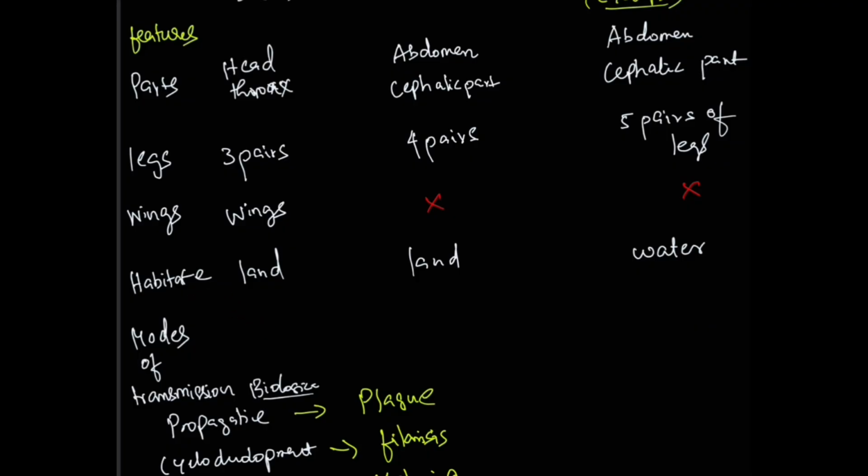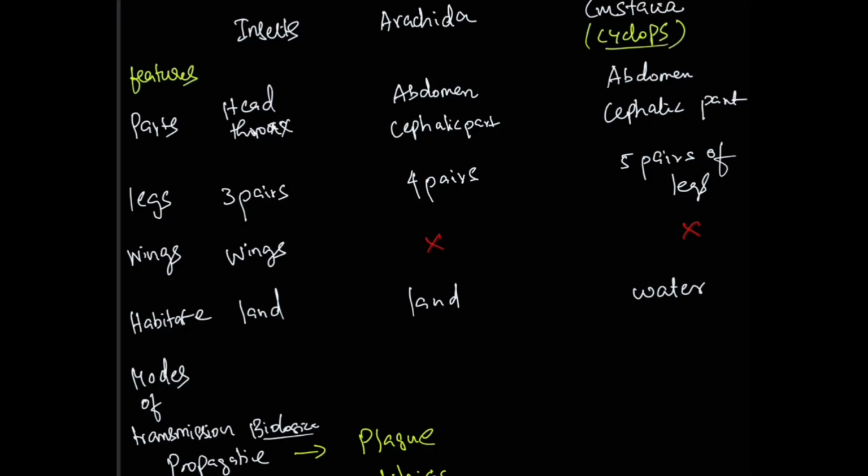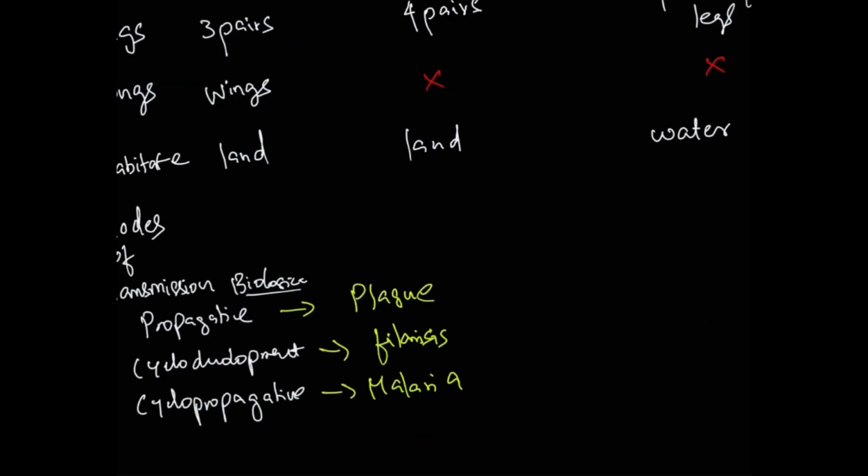Coming to habitat, insects and Arachnida have land habitat, while crustacea are water breeders. For example, cyclops, which those staying in hostels might get.